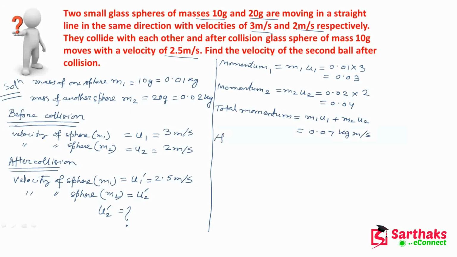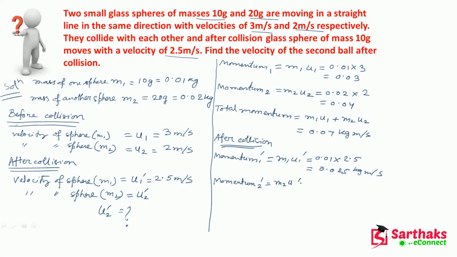Now after collision, momentum 1 dash, that is m1 u1 dash, will be 0.01 into 2.5, that equals 0.025 kg meter per second, and the momentum of the second body is m2 u2 dash.